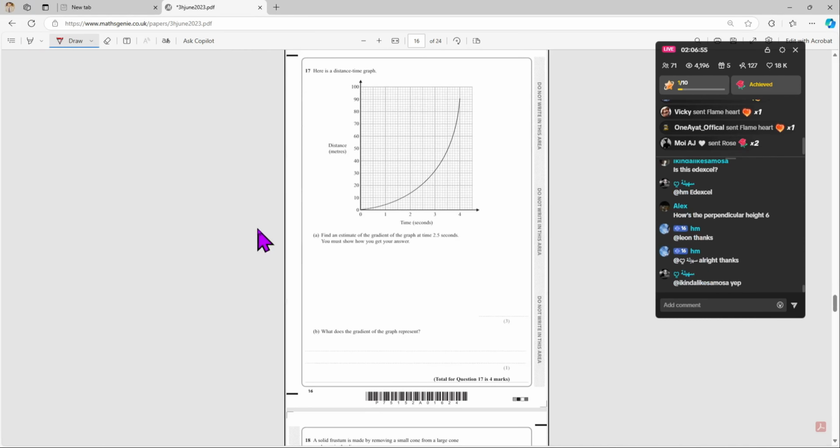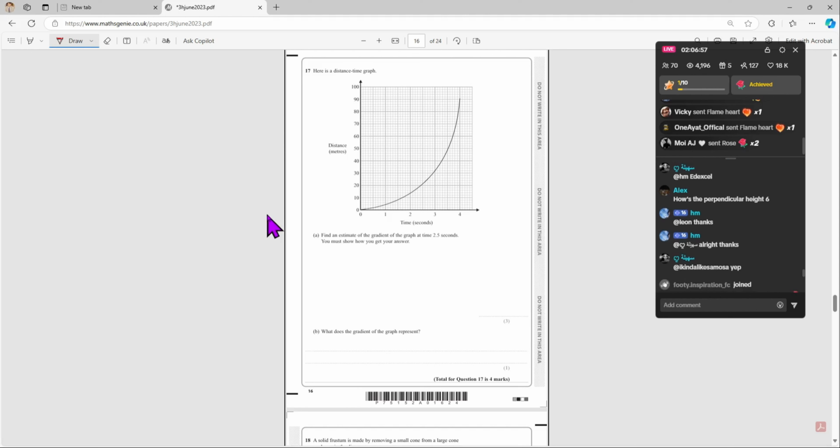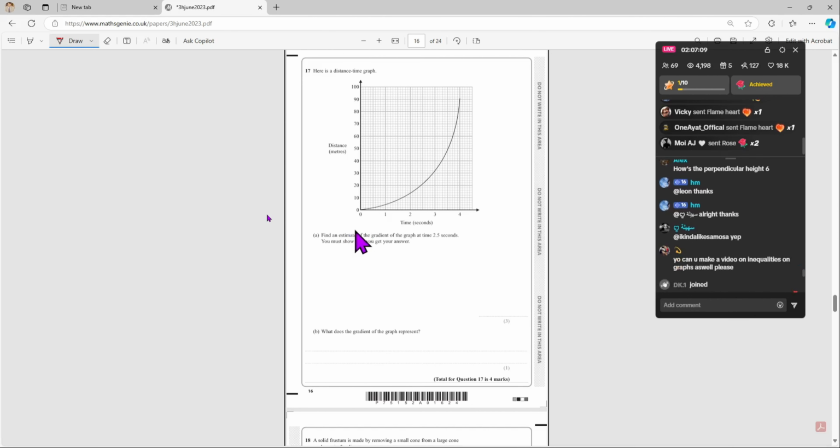So we have question number 17. Here is a distance time graph. Find an estimate of the gradient of the graph at time 2.5 seconds. You must show how you got your answer. You must show all your working.